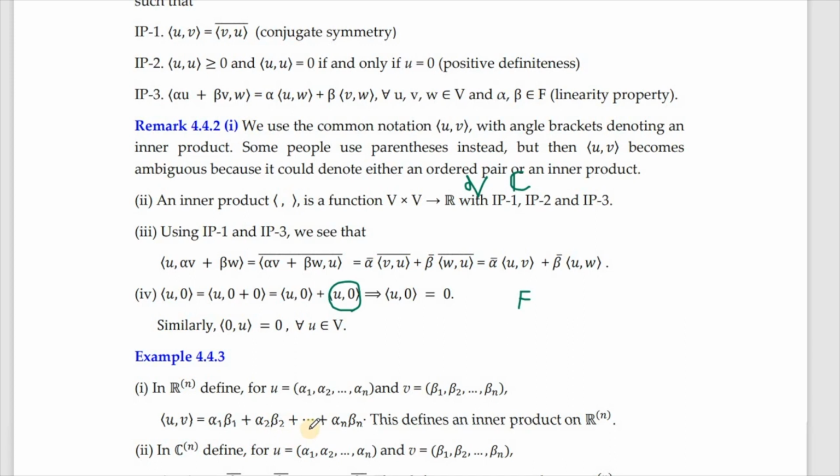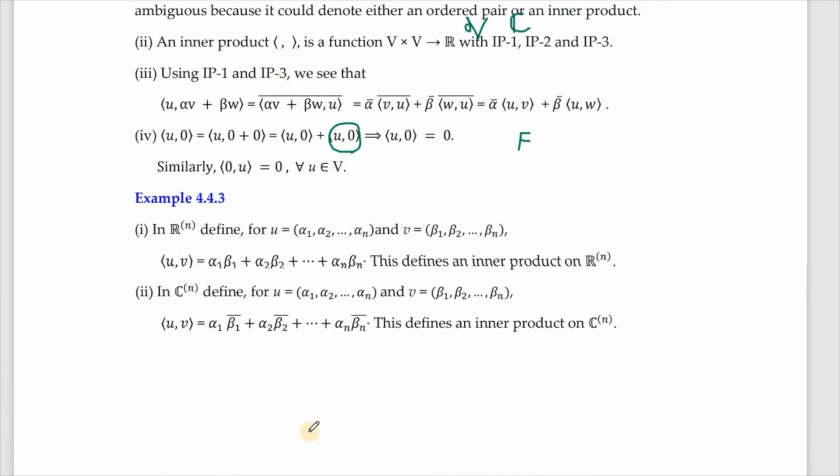Now we will see examples of a vector space along with an inner product. The standard inner product we will consider in R power n and C power n, the n-dimensional Euclidean space.